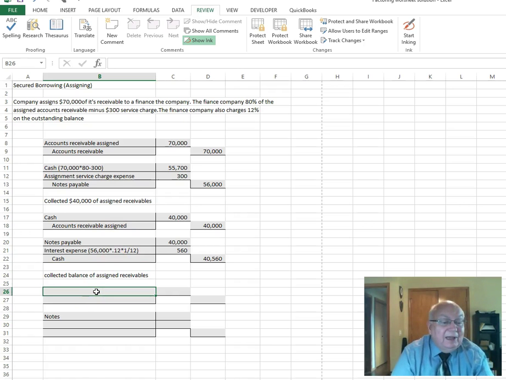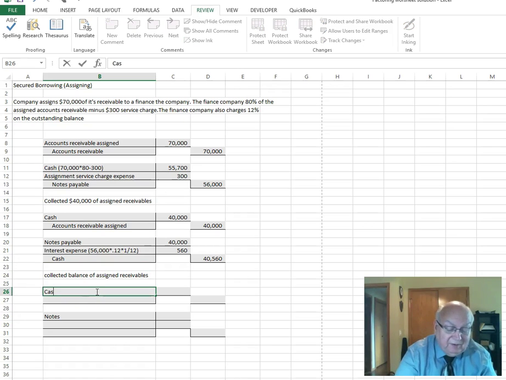Then the next month we collected the balance of the receivables. So the balance is cash of 30,000, because remember we have 70,000 originally outstanding. We collected 40,000 last month, so we have 30,000 left to collect this month.